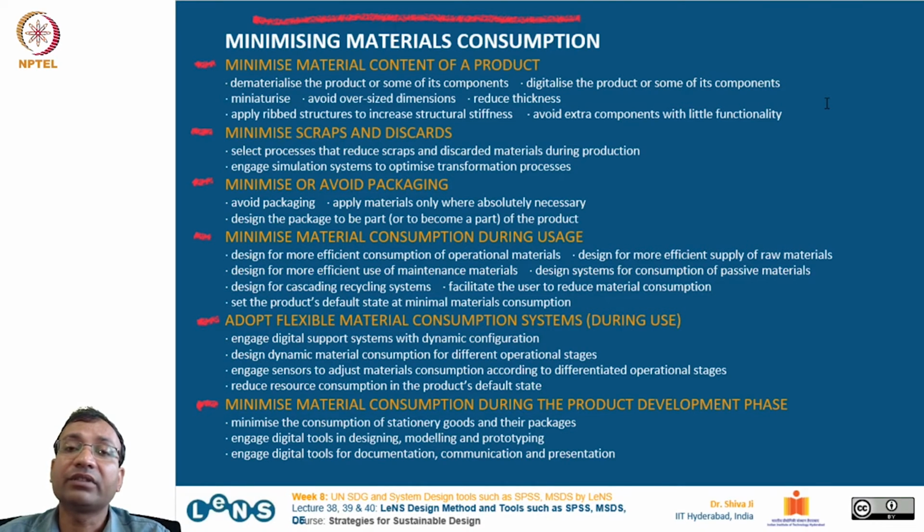For example, automobiles keep consuming fuel for their entire lifespan, so how can the efficiency of this fuel consumption be increased? This is what we are talking about over here, minimizing material consumption during the usage period.